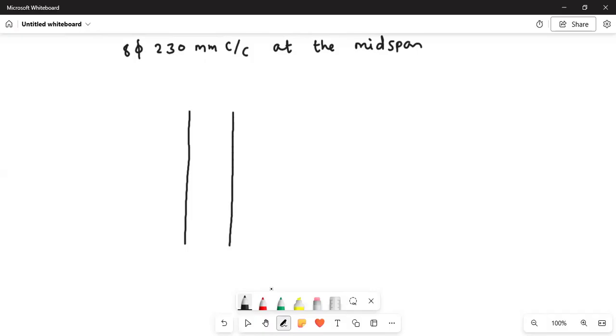In the side wall, the vertical reinforcements are the distribution bars, as I told you. The negative reinforcement has to be provided here, because in this line you will have the hogging behavior. This is the negative reinforcement, and the reinforcement for the positive bending moment has to be provided here.